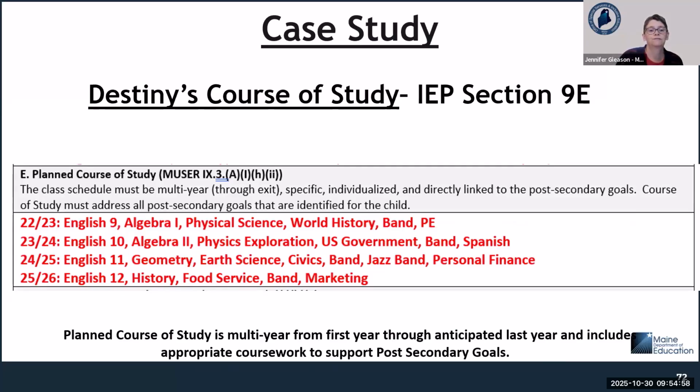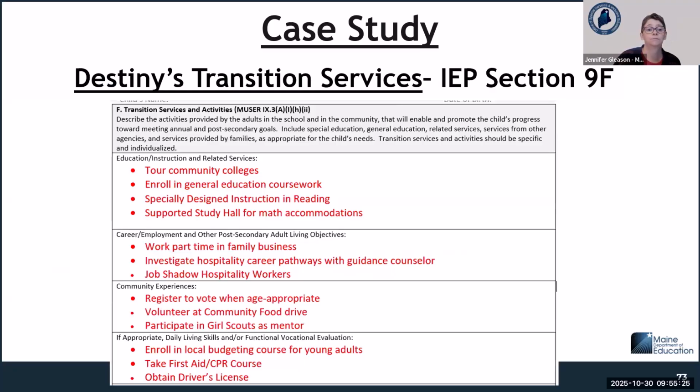So her course of study, you can see she has personal finance in there, food service, marketing, all things she's going to need for her independent living, as well as hospitality. She also has all of the classes she's going to need in order to be accepted at community college. So those count too.